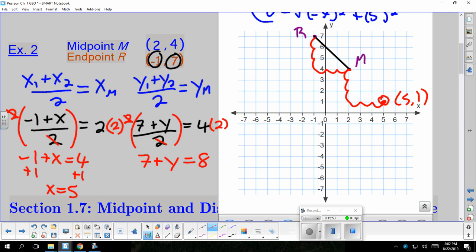Subtract 7 from both sides. Y equals 1. That's the y-coordinate. So my endpoint here is 5, 1. I hope you understand it graphically like this, but we can also calculate the endpoint, the midpoint, or the distance formula algebraically as well.